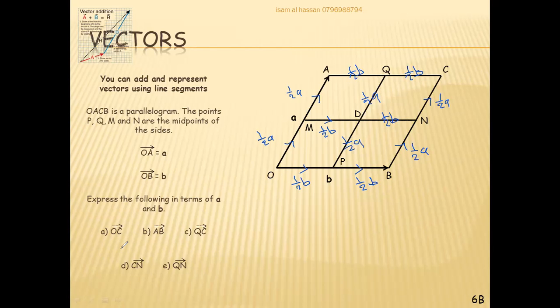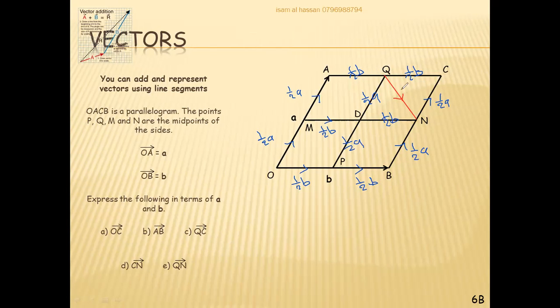Find OC. OC is the line which passes from O to C, meaning find me another way from O to C. So we'll say b plus a. For example, if I want to find QN, and direction is important, that is QN.